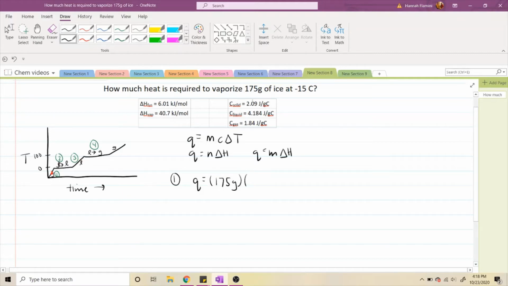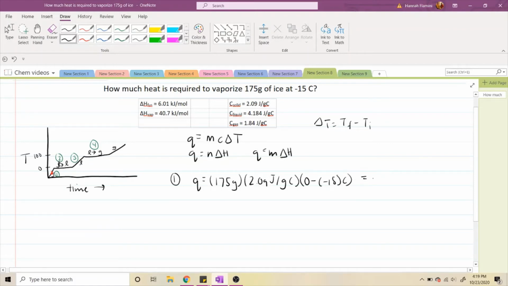We're in the solid phase, so we want to use C solid, which is 2.09 joules per gram degree Celsius, and then times the change in temperature. Delta T is T final minus T initial. Our T final is 0 degrees, where we have the phase transition, and our initial is negative 15, so we have 0 minus negative 15 degrees Celsius.